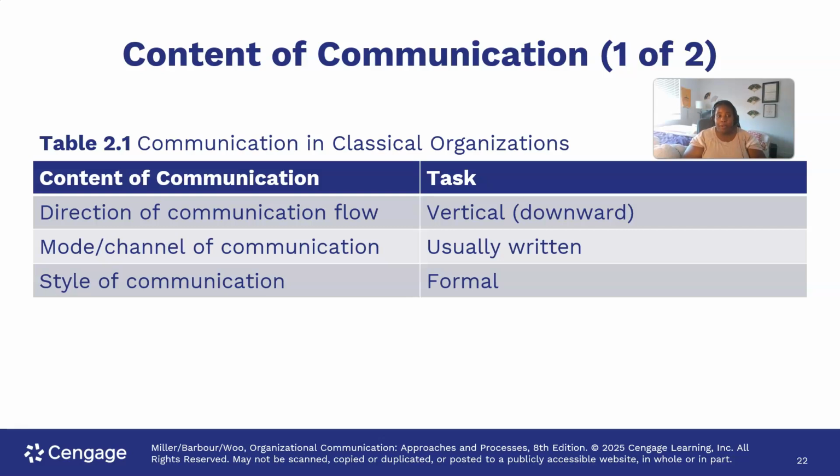Written form is paramount, and style of communication is formal. So, if you recognize, think about corporate America. If you recognize some of these rules, like, hey, formal dress, or hey, put things in writing, or hey, let's use formal language of communicating, these foundations are from these classical theories that still permeate to this day.